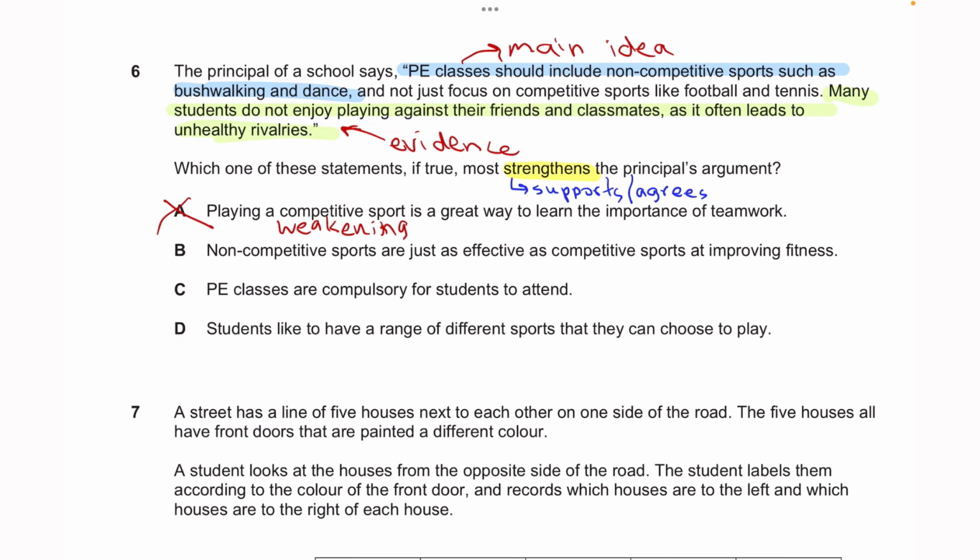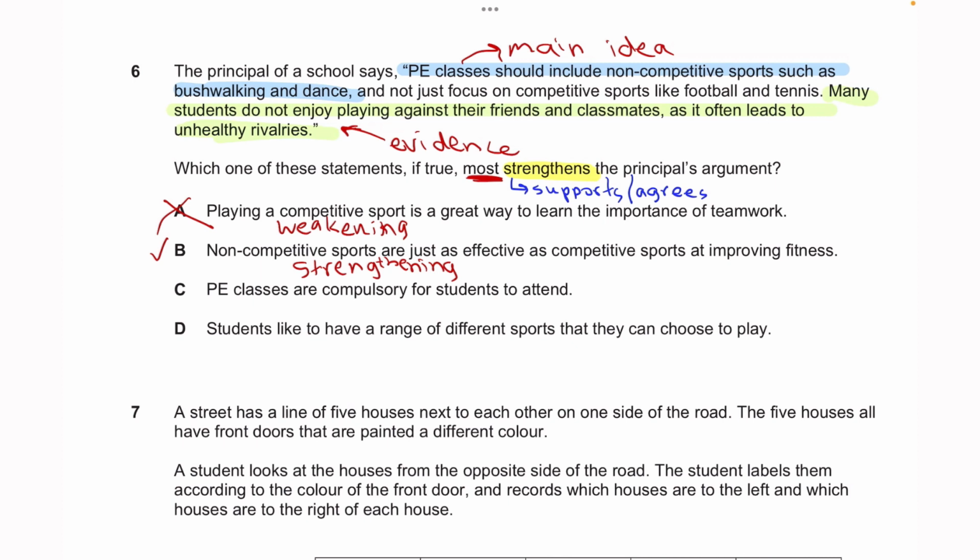So A is incorrect. Then we've got B, non-competitive sports are just as effective as competitive sports at improving fitness. We know this is a strengthening question, but just in case, I've got to look at the other ones, because we have to find the one that most strengthens.